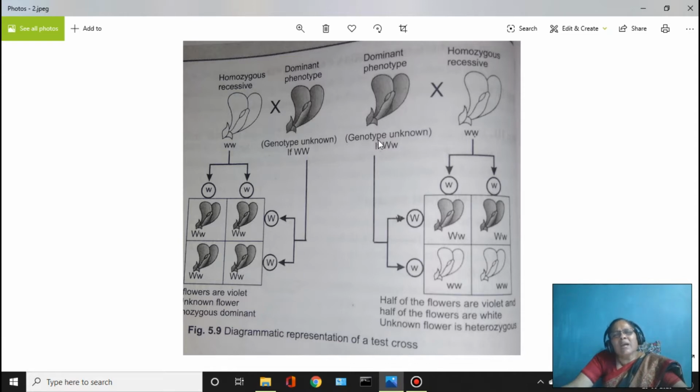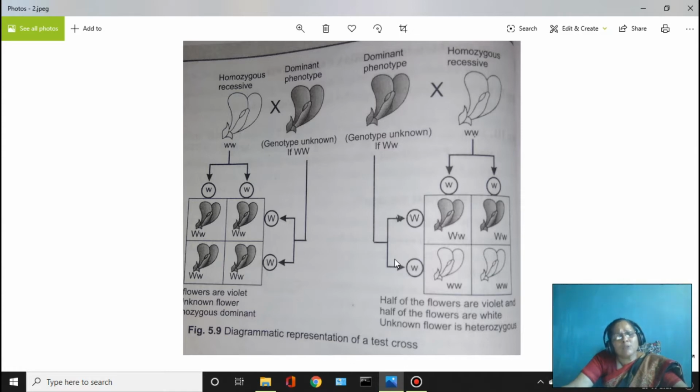Suppose we assume this is heterozygous violet crossed with the recessive parent white. If the progenies are obtained in the ratio 1:1, half of them violet and half of them white, then we assume that the F1 hybrid is heterozygous.